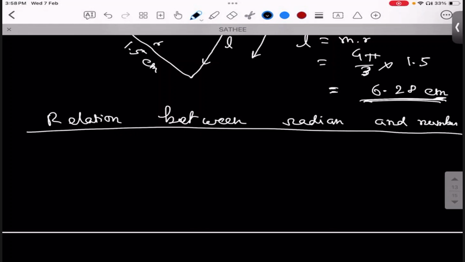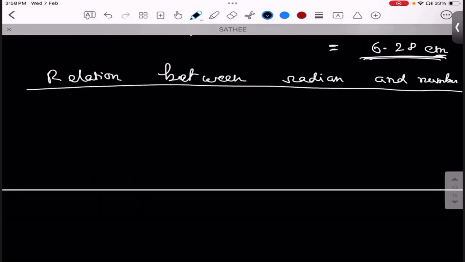For this we can draw a picture first. So let us draw a picture.